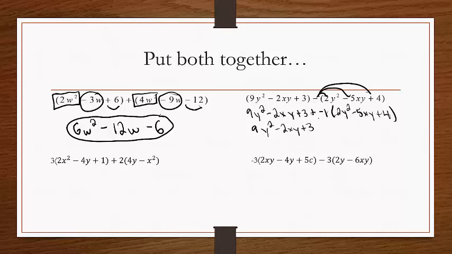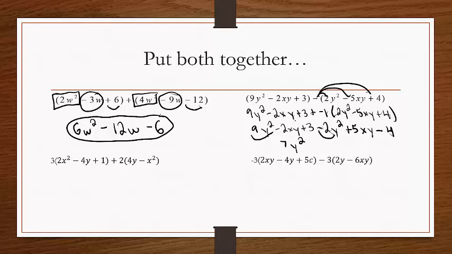Negative times positive is a -2y squared. Negative times -5 is a positive 5xy. And a negative times a positive is a -4. Now I get to go through and I get to combine my like terms. So I see 9 and -2 to make 7y squared terms.